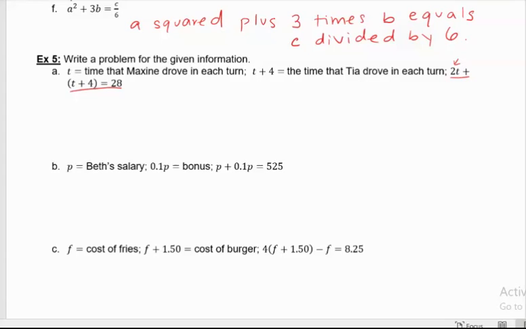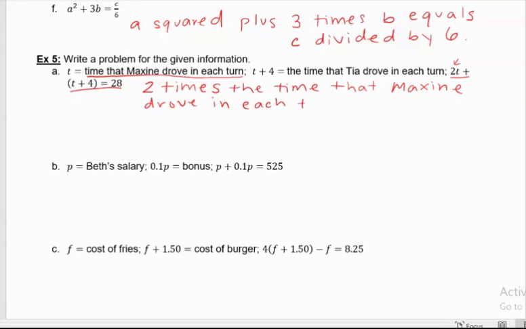So I'm going to write that down using the context that it gave me. So I have 2 times t, but instead of saying t, I'm going to write what t actually equals. T equals the time that Maxine drove in each turn. Then I have a plus.